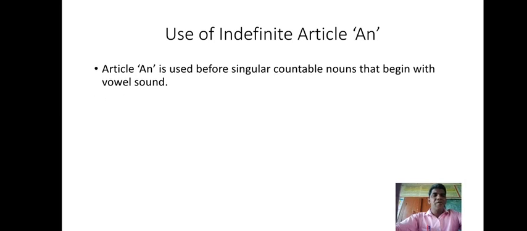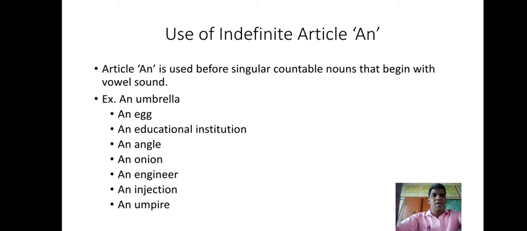Then use of article an. Article an is used before singular countable nouns that begin with a vowel sound. For example, an umbrella, an egg, an educational institution, an onion, an engineer, an injection, an umpire.